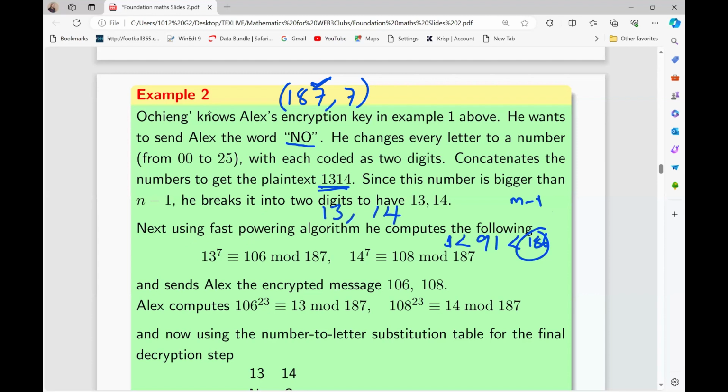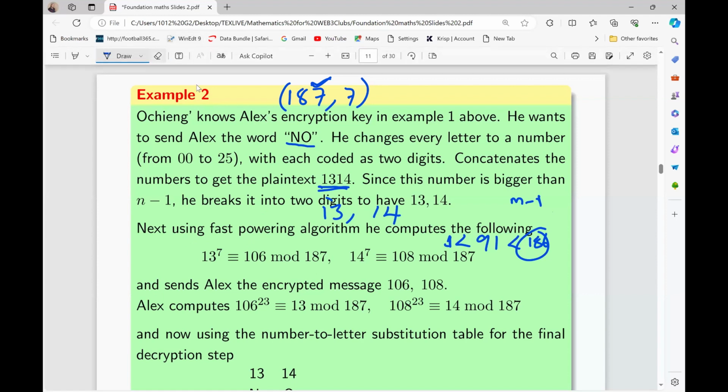When you break it as 13 and 14, you encrypt each block separately. And then what you get, you send separately for him to decrypt separately. And after decrypting, he'll just join the results.